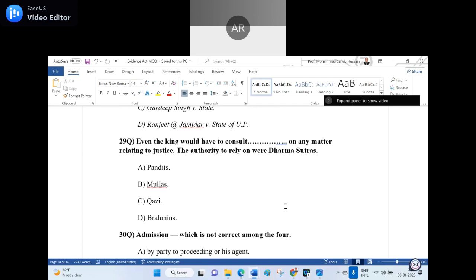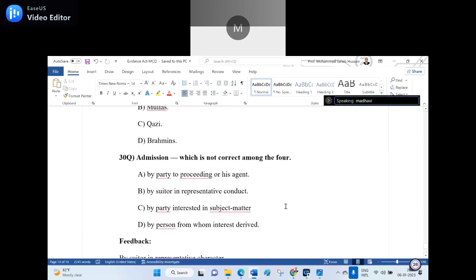If you just use your brain, you can easily make it out. Option A, Pandits, wrong. Option D, Brahmin, is the correct answer because Shastras would be read only by the Brahmins, not by Mullahs, not by Qazis, not by Pandits. Only D.